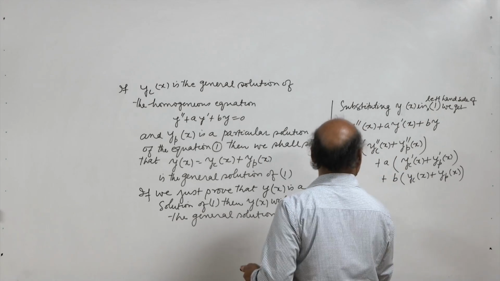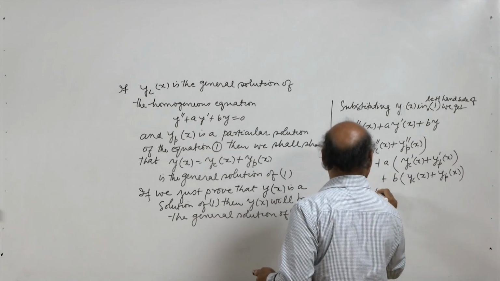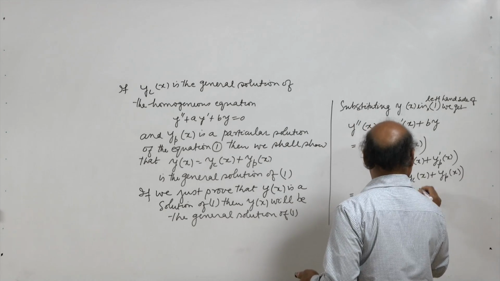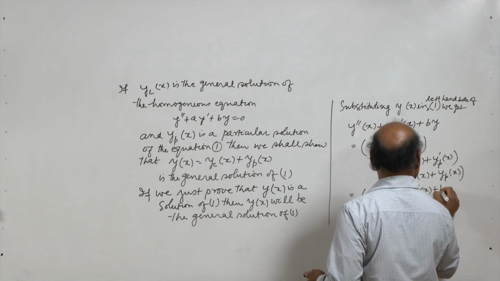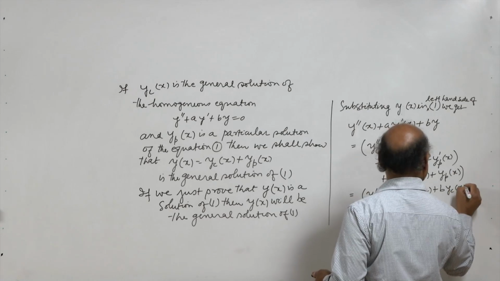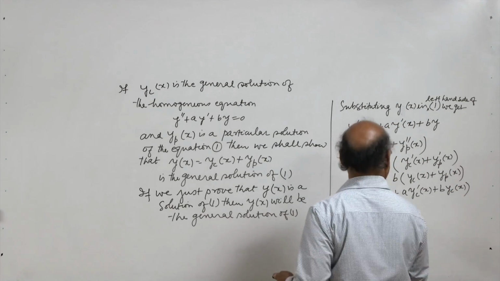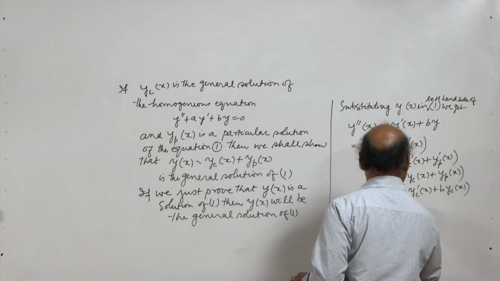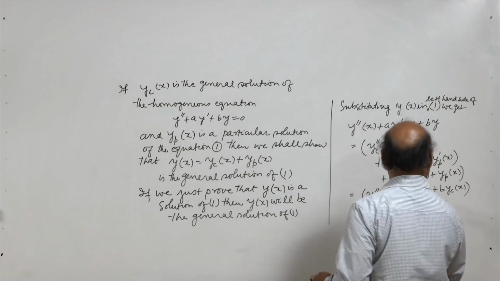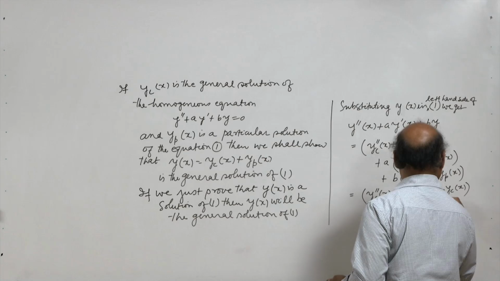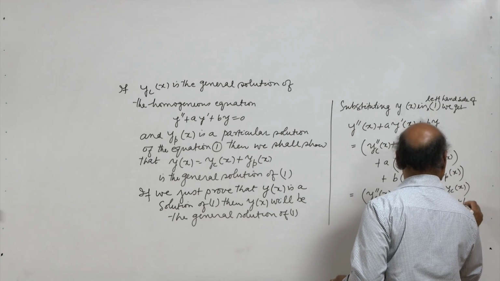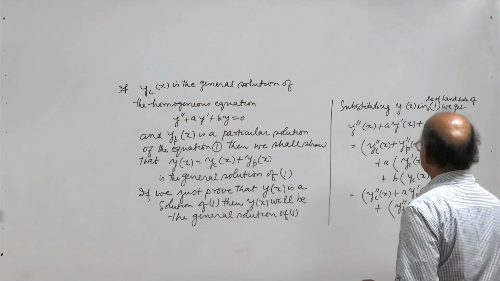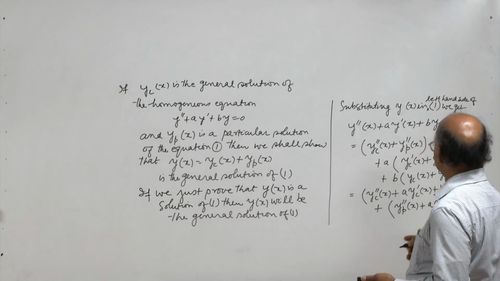We can write it as [y_c'' + a y_c' + b y_c] + [y_p'' + a y_p' + b y_p].